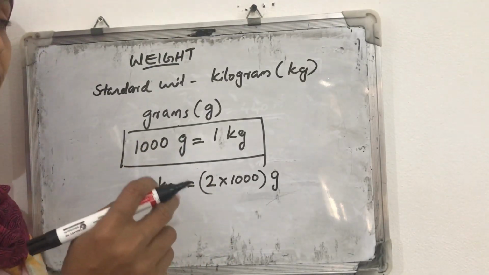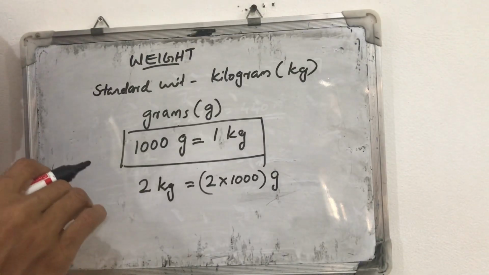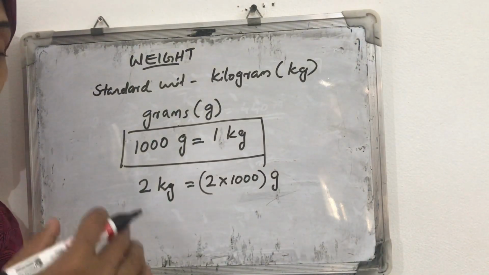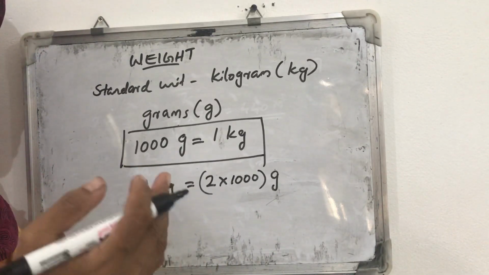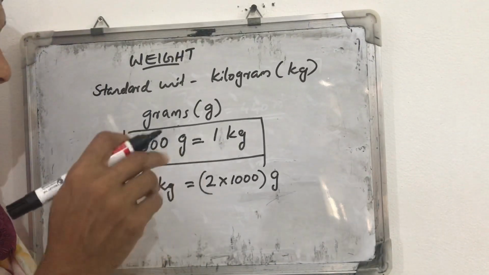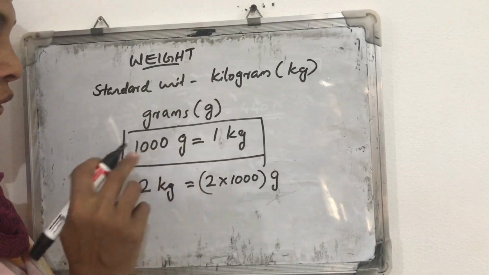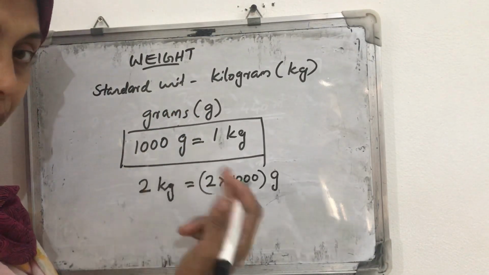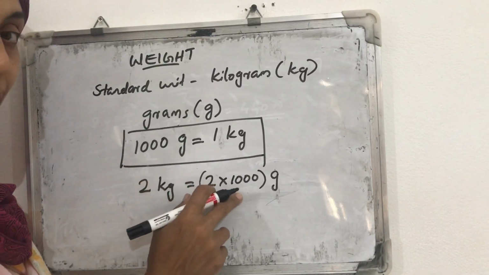Just as with meter and centimeter, we know 100 centimeters make 1 meter, so when we convert meters into centimeters, we multiply with 100. Here, 1000 grams make 1 kilogram, so to convert kilogram into gram, we multiply the given quantity with 1000.